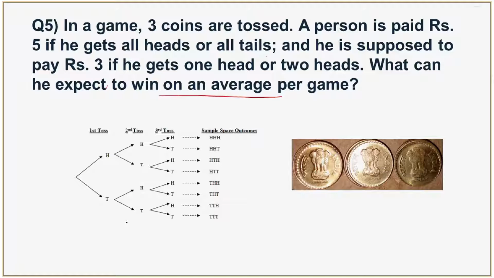A person is paid ₹5 if he gets all heads or all tails. So what is the probability that you have all heads or all tails? That would be equal to the number of ways in which you can draw out all heads or all tails, that's 2, divided by the total number of ways, that will be 8, so that will be 1 by 4.